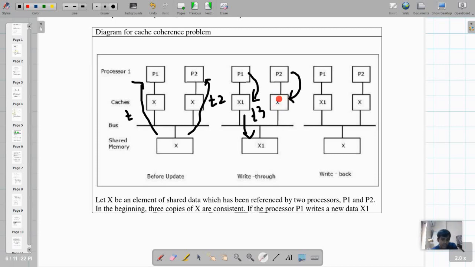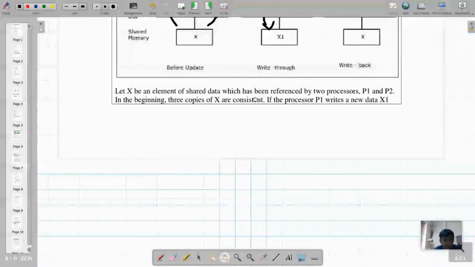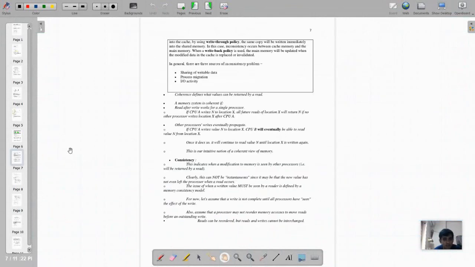But here the processor has no access to the most recently updated data item. So the situation is not coherent or memory access is not coherent. You need to develop some mechanism to solve this situation.